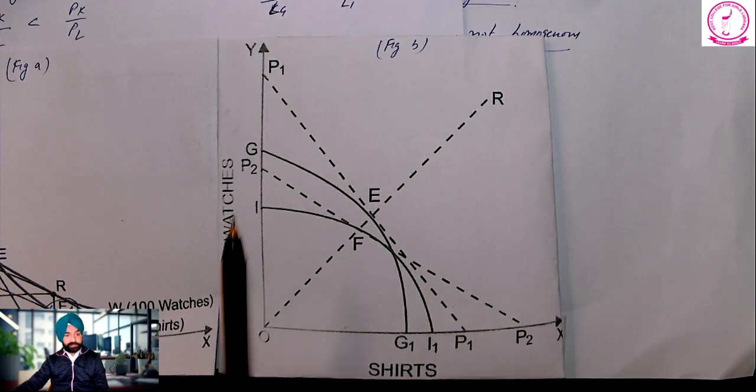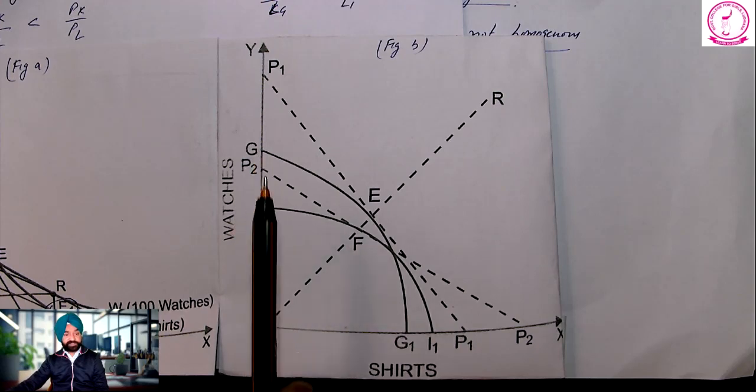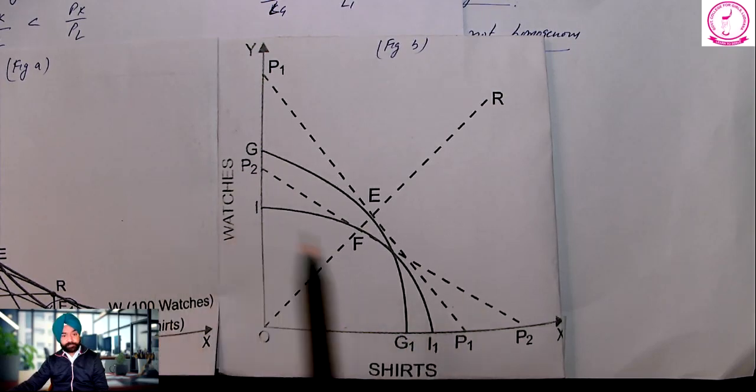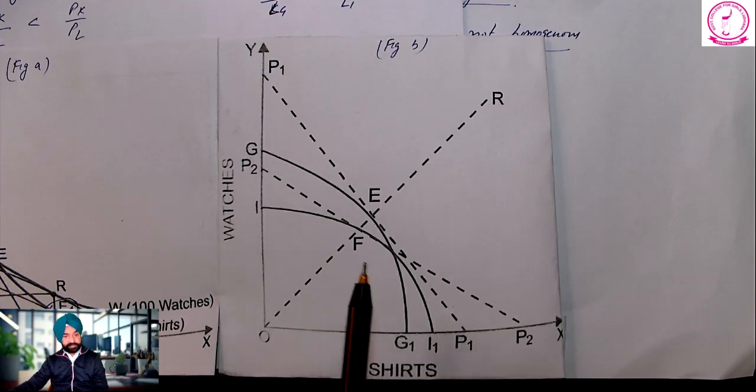This G represents that Germany is producing more watches, and this I1 shows that India is producing more shirts. That's why this type of production possibility curves has been drawn, because Germany is more capable of producing watches and India is more capable of producing shirts. So these production possibility curves are there.